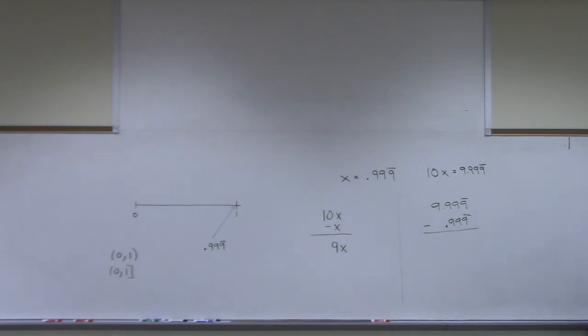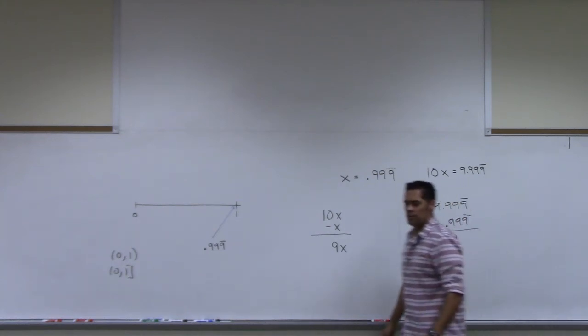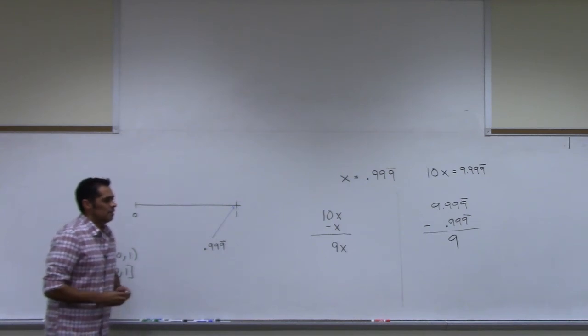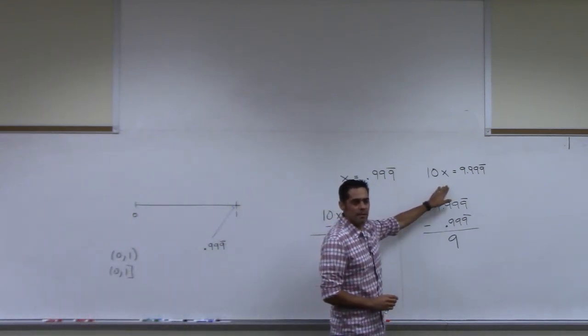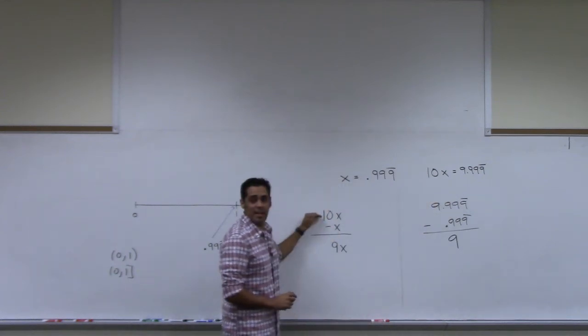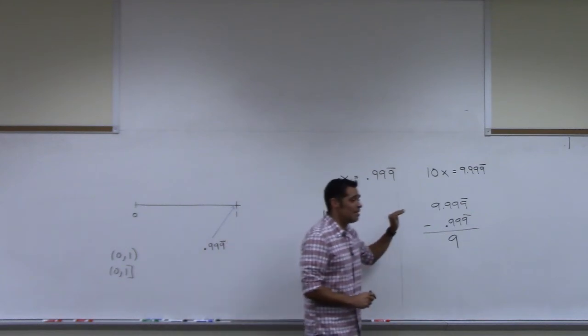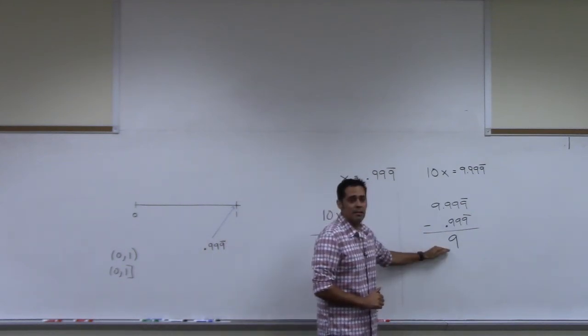Just 9, right? Yes? So, do you see what you just said? We said that x was this. Everyone agreed with me that 10x was this. We showed that anytime you take 10x's and subtract 1x, you should get 9x's. But when we actually did the computation of 10x minus x, we got 9.